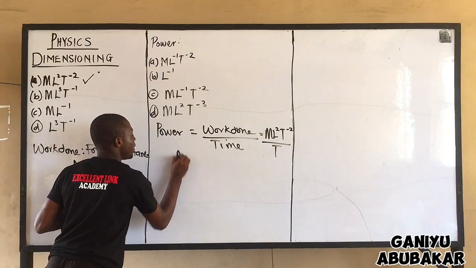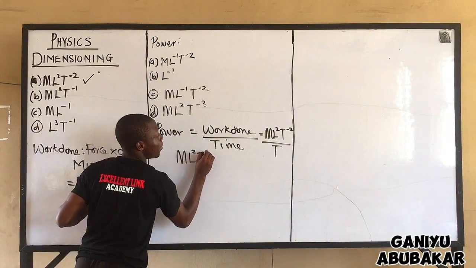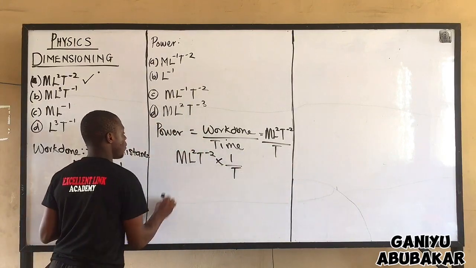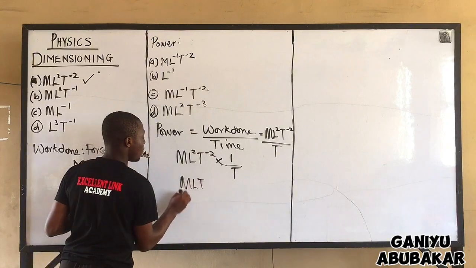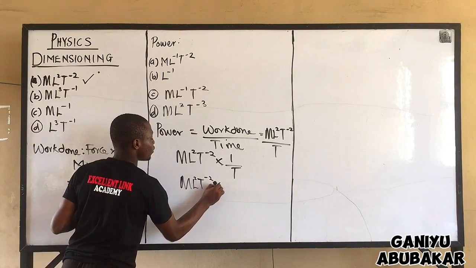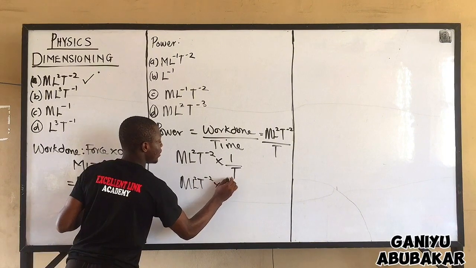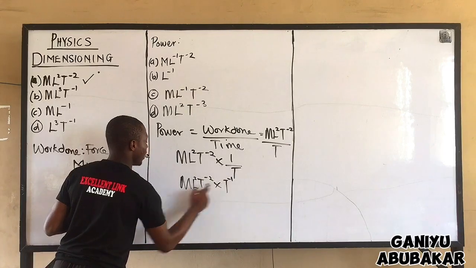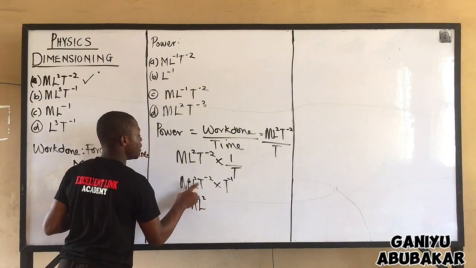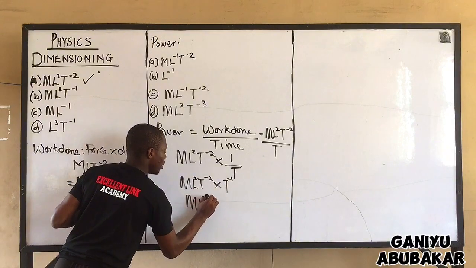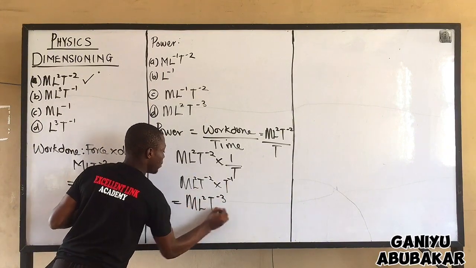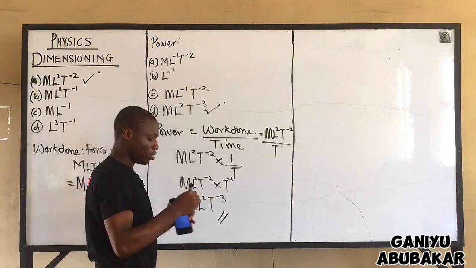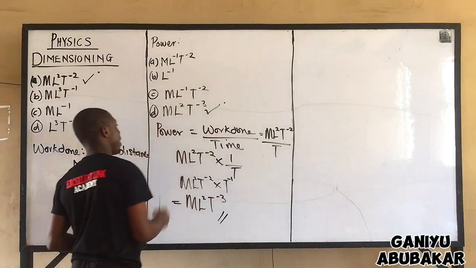Take this back: I have ML squared T to the power minus 2 times 1 over t, which is t to the power minus 1. Like bases multiplying, add the powers. That becomes ML squared T to the power minus 2 plus minus 1, which is T to the power minus 3. This is the dimension for power. So of course, D is my answer.